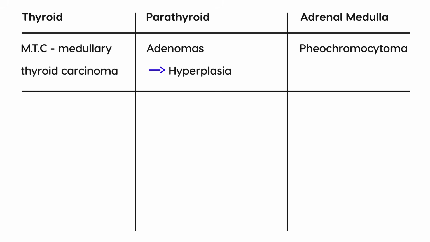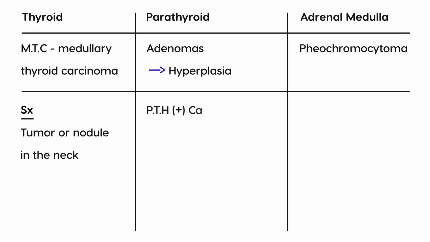And so here we go. The presentation of the first one will probably just be, as in the diagram you saw earlier, a tumor or a nodule in the neck. The presentation of these parathyroid adenomas involves the hormone being generated by those glands, parathyroid hormone, PTH, which increases calcium in the bloodstream.